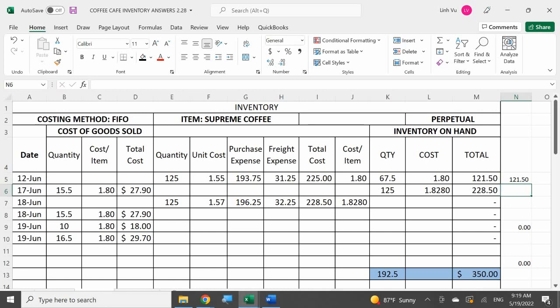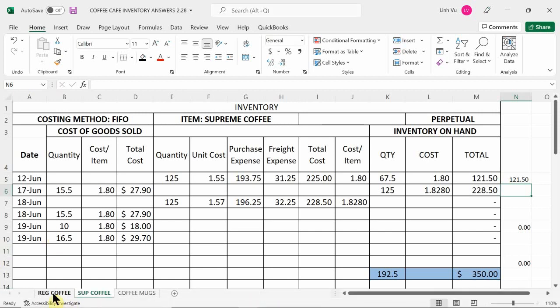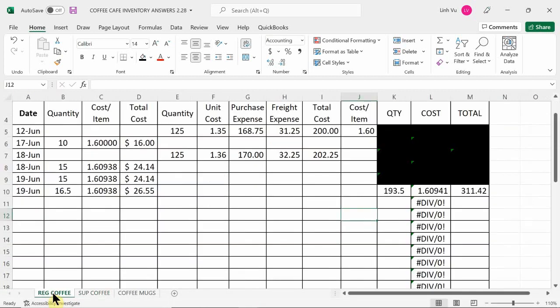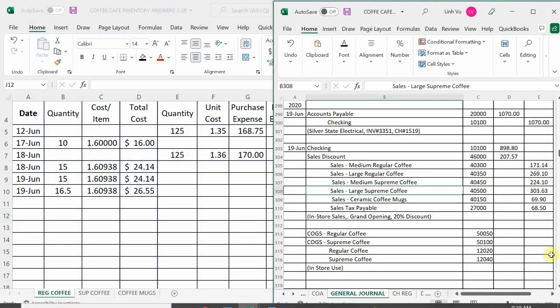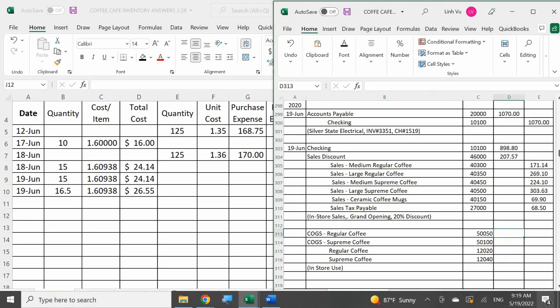And I used up $29.70 of the Supreme Coffee and $26.55 of the regular coffee. And again, in-store use.